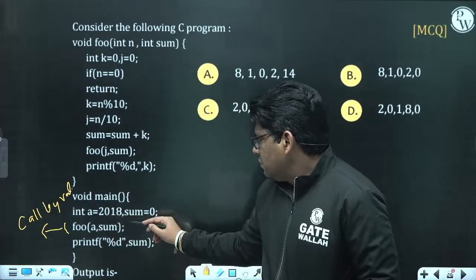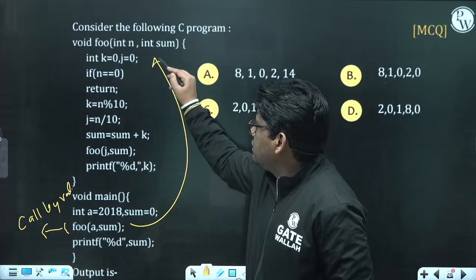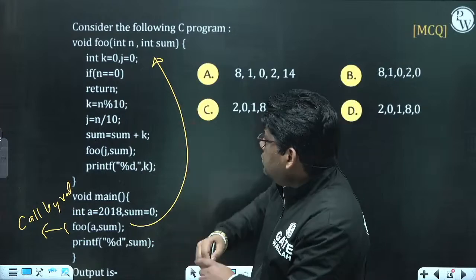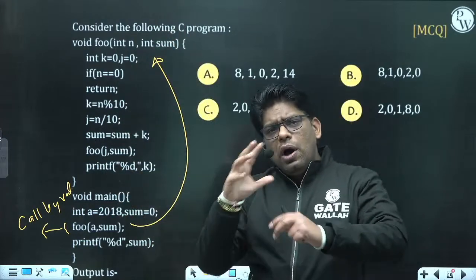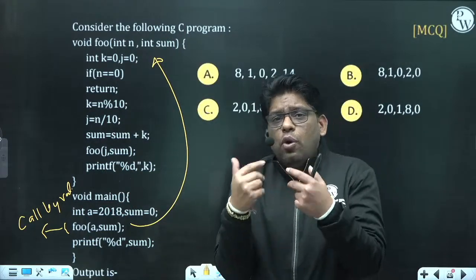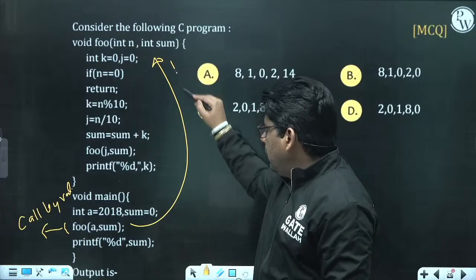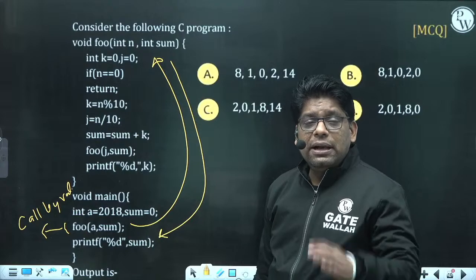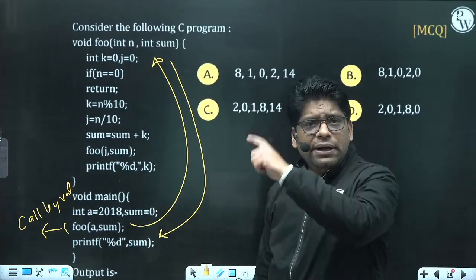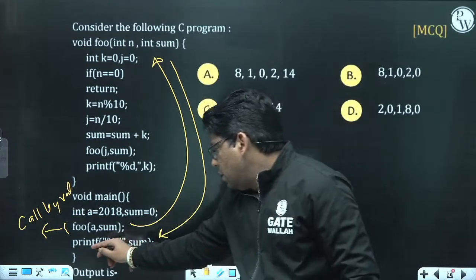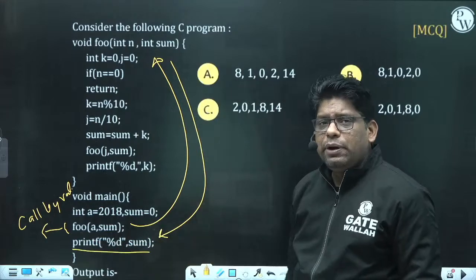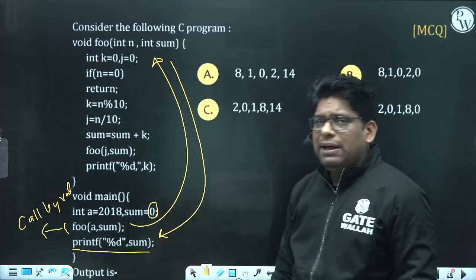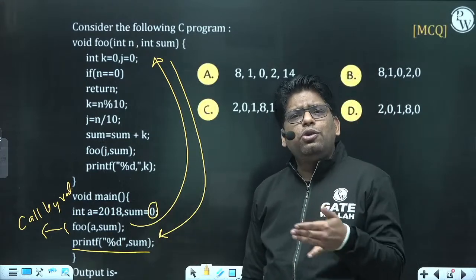That means, sir, some call is made and then recursion will take place. But once all recursive calls are over and you come back to the main function, sir, the last thing that is printed by this entire code is printing the value of sum. Because it is a call by value, the value of sum remains same because sum is a local variable to this main.